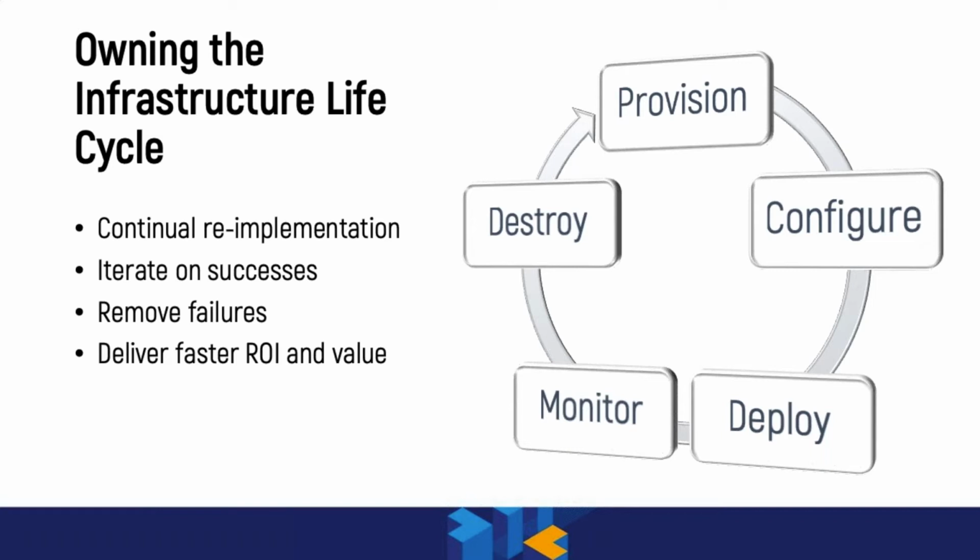And then at the end, we have the ability to destroy that environment and iterate on a new provision, a new configure. And it starts to iterate on the successes that people have and reduce the amount of failures that they're going to deliver overall, which in turn leads to a faster return on investment and a greater amount of value. And that's really what we're all striving to deliver. It's not that we are delivering projects for the automation sense of them, we are delivering them to deliver business value.